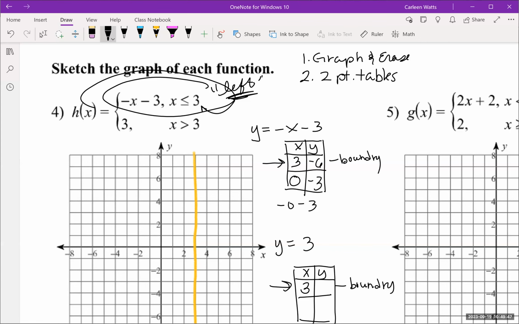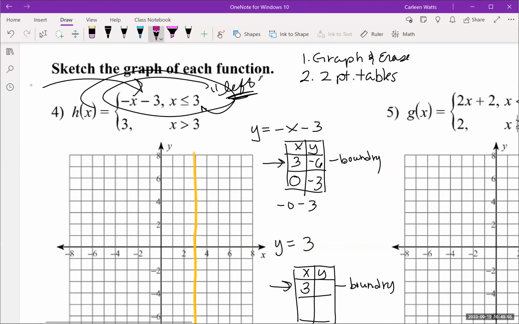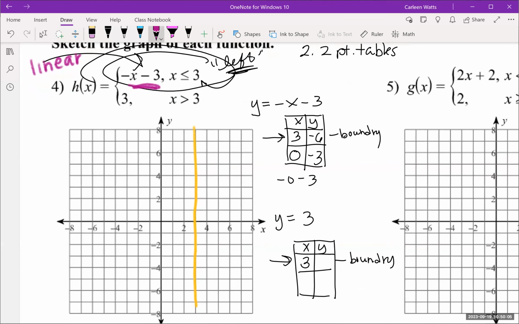Okay, now I know that this is linear, right? There's no exponents, it's linear. So I'm going to connect 3, negative 6 and 0, negative 3.